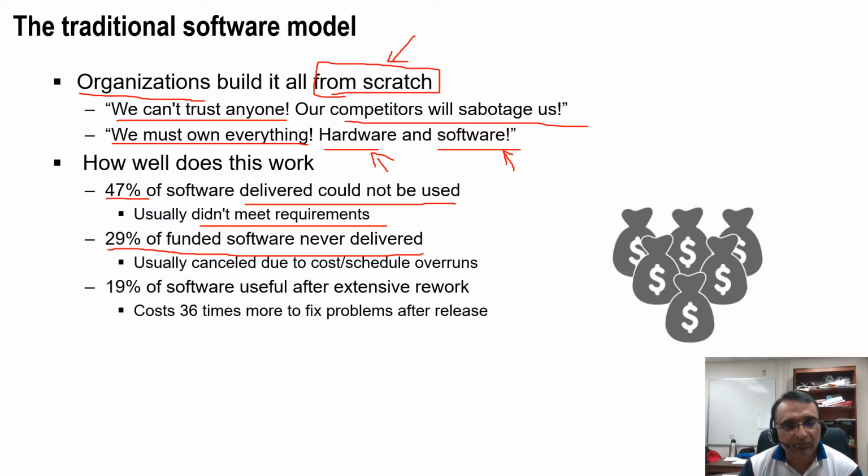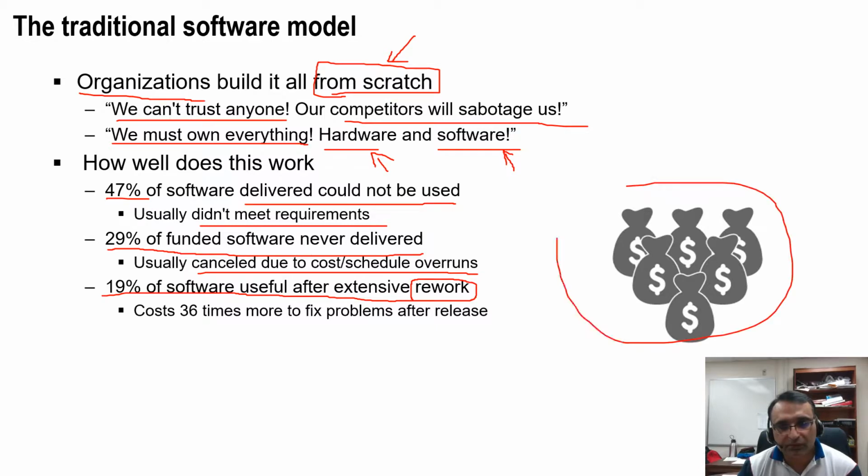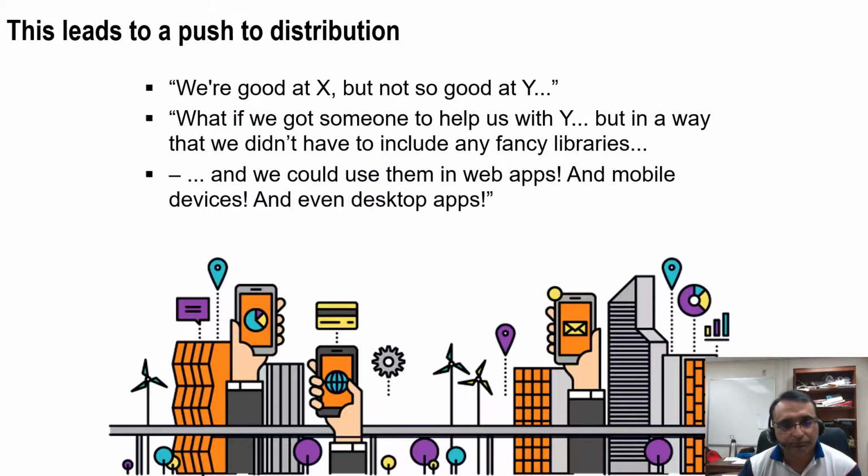You have spent time, but it was cancelled due to cost or schedule overrun. That was not good also. 19% of software useful after extensive rework. So you have to do a lot of rework like version 1, version 2, version 3, and then it will work. So all these are drawbacks. It's not good. We'll waste a lot of money on that.